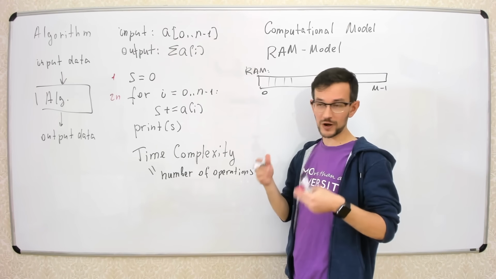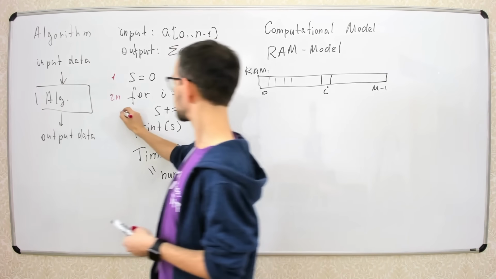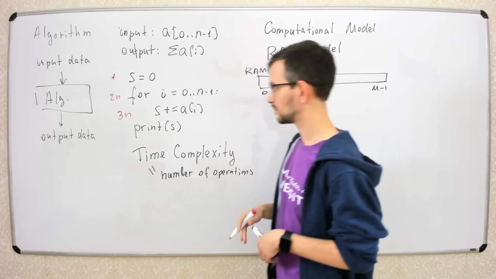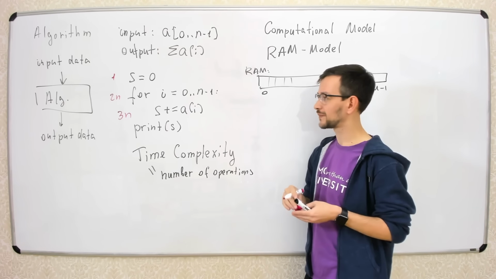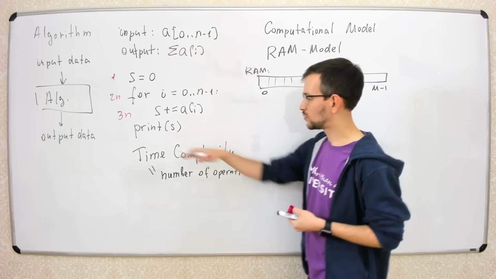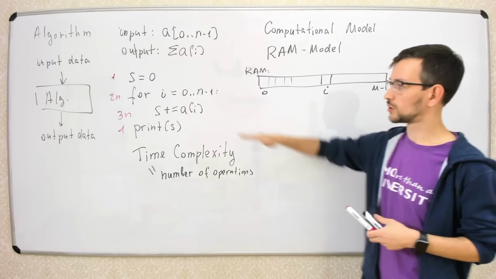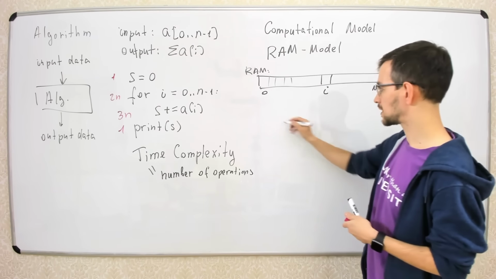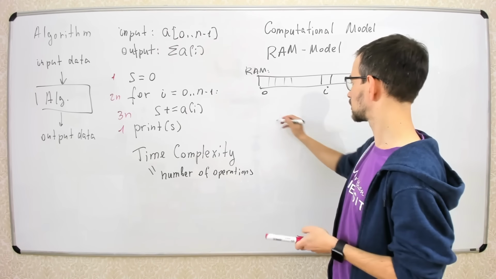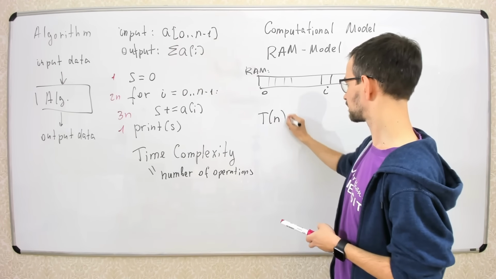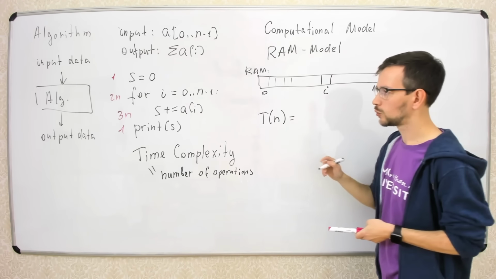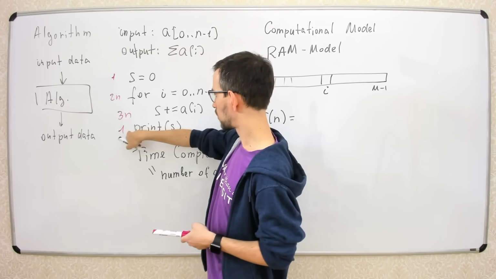So the total number of operations we spend here will be 3n. And finally, we need 1 operation to output. So the total time complexity of this algorithm will be a function of n. And it will be like 2 plus 5n.